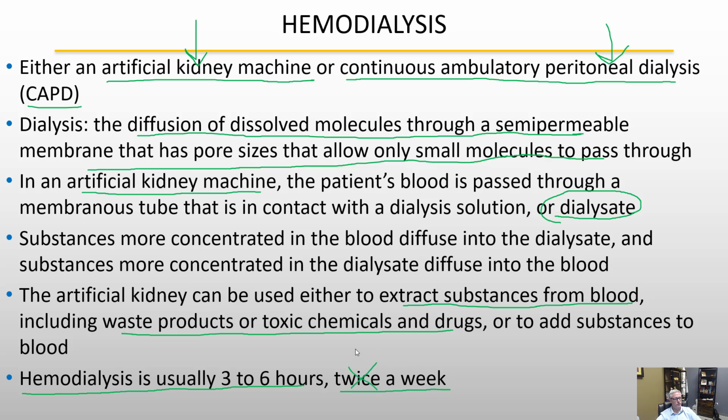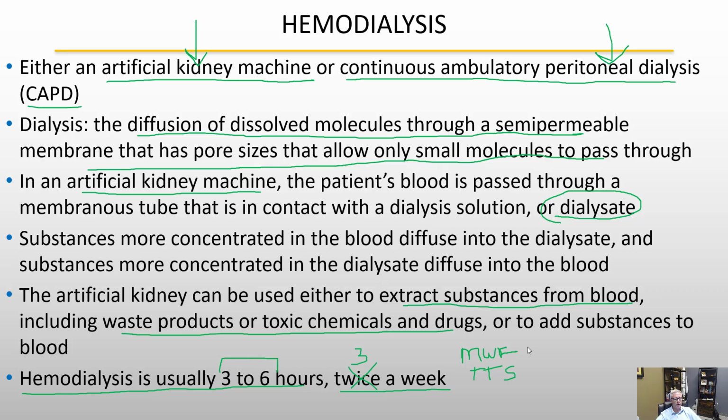Everyone was 3 times a week. But the book says twice a week, so we'll go with twice a week. You either go on Monday, Wednesday, Friday, or you go Tuesday, Thursday, Saturday. This 3 to 6 hours, that's pretty accurate.